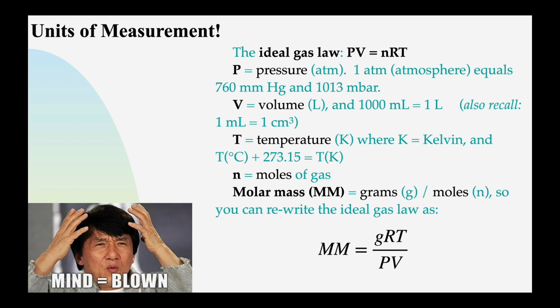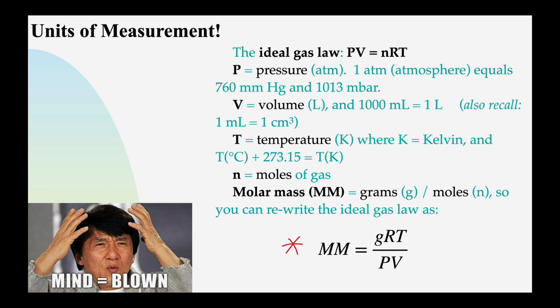If you really want to make this a quick and dirty one-stop equation, you can do it. Normally people would have n equals PV over RT, and then the molar mass, MM, would equal the mass in grams divided by the moles. But if you substitute PV over RT in for moles, you end up with this quick and dirty equation right here.